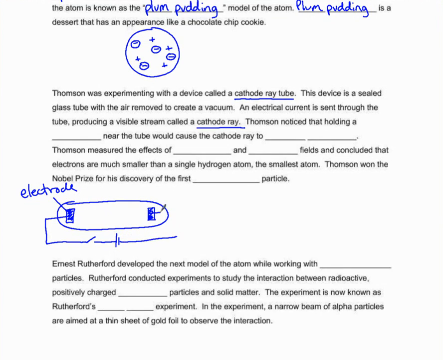Here's a power source, and we connect it. So basically you've got a battery, a switch, and this cathode ray tube. Here's the tube, and once it is powered on, make this a different color here. Once you close the switch and give it power, you start to see this cathode ray appear.